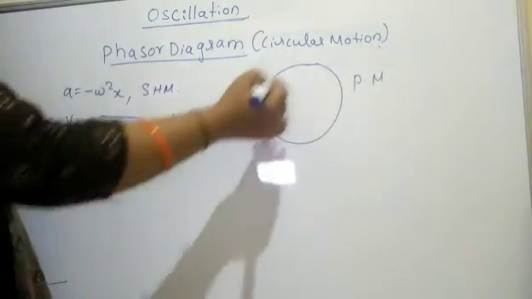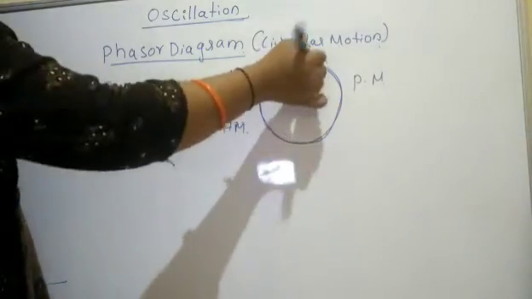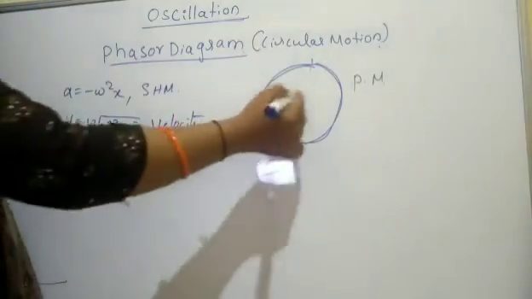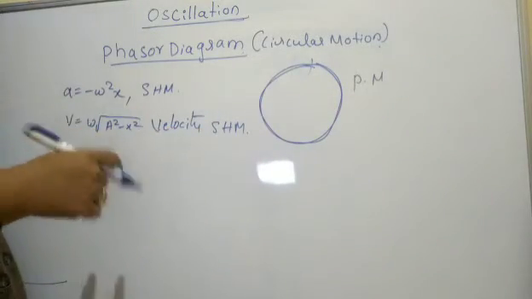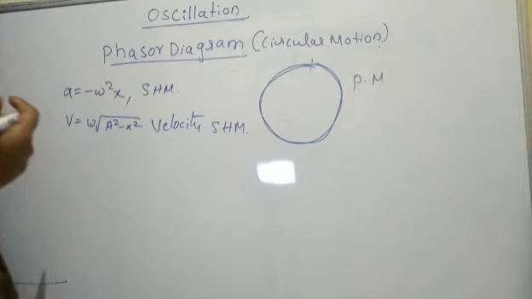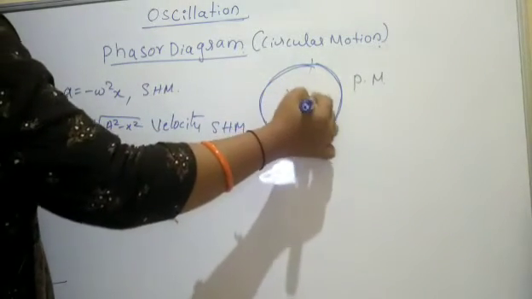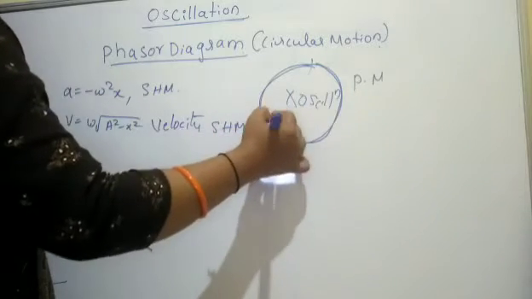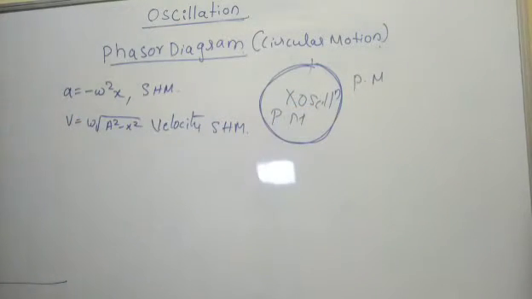As we know, the particle is moving from here and completing here. It is undergoing repetition to the original position at a fixed time interval. It is not said to be an oscillatory motion, it is said to be a periodic motion. That we have already discussed in the first class only.